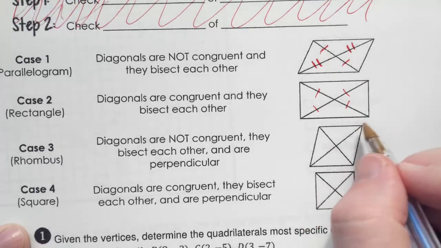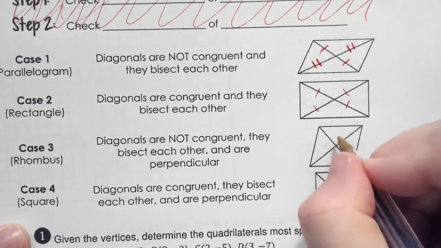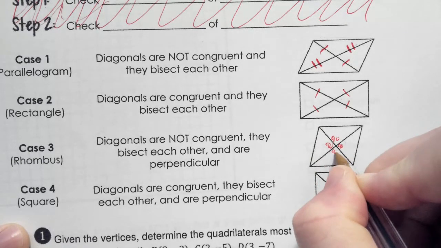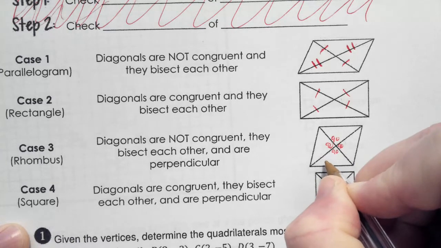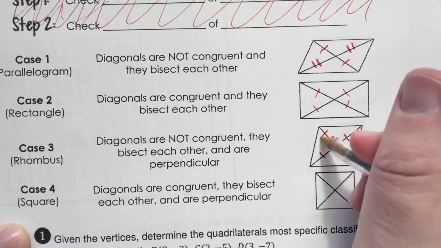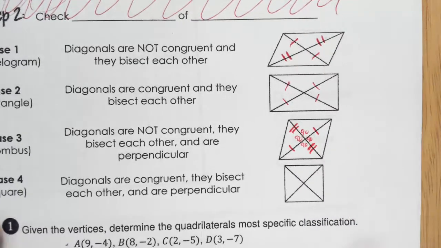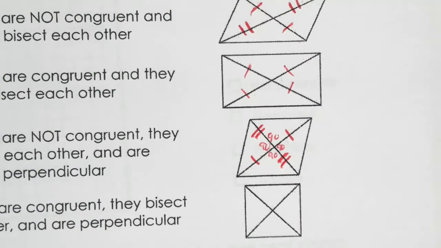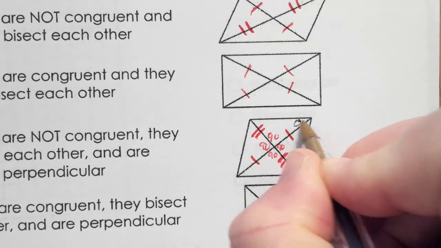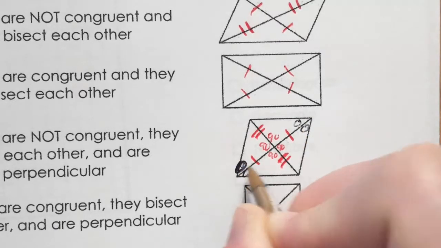For a rhombus, we know that all these sides right here are equal to each other. But in addition to that, these are all 90 degrees. And this is equal to this, and separately, this is equal to this. And even more separate from that, we also know that this equals this. All 4 of those are equal.